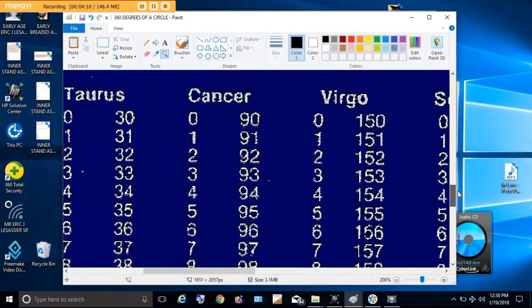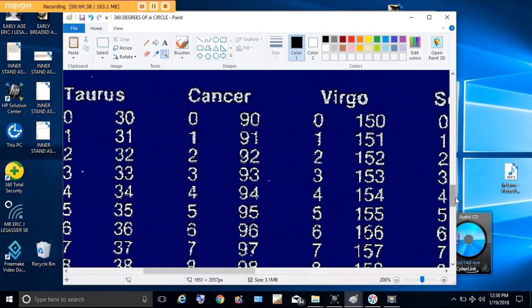Go to Cancer, the next sign, which is 0 degrees Cancer, summer. When the sun enters 0 degrees of Cancer at summertime, it will equal 90 degrees. And when it goes to its next degree, which is 1 degree per day for the sun, it will be 91, etc. 2 is 92.